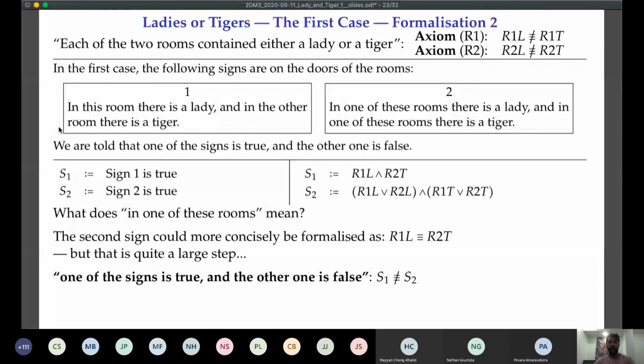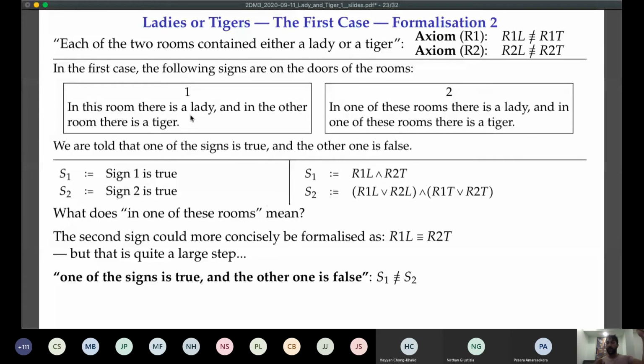Now, we know that one of the signs is true and the other one is false. So let's again, as we did for Portia's problem, say S1 means sign 1 is true and S2 means sign 2 is true. Now, sign 1 is true precisely when what it says is true. What does it say? It says, in this room there's a lady, so room 1 has a lady, R1L, and in the other room, room 2, there's a tiger.